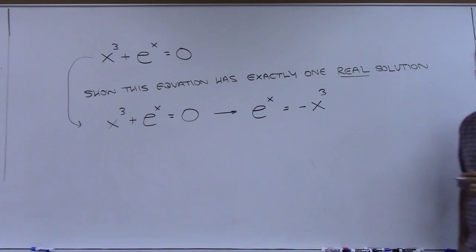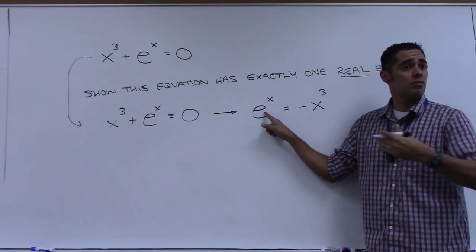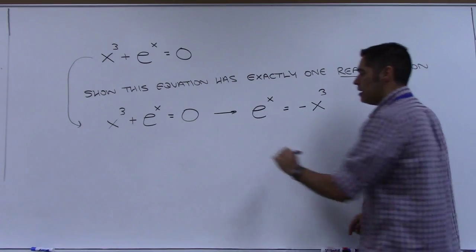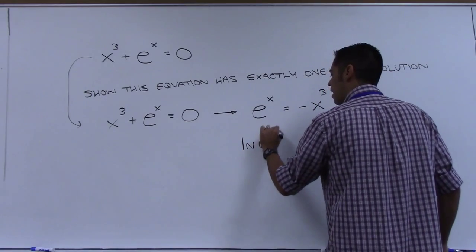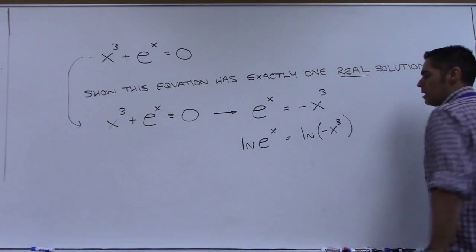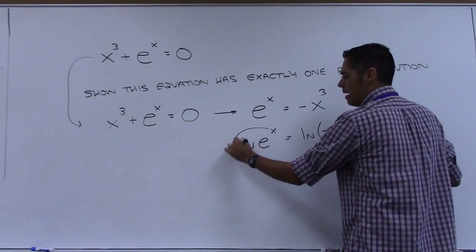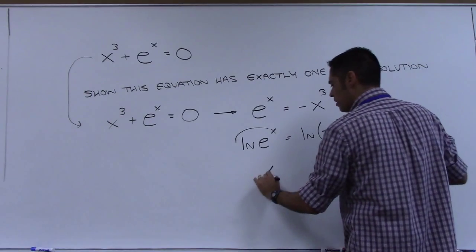Then I know that to get the x out of the e, I can come in with natural log on both sides. Then on the left, the x will pop out, because natural log and e wipe each other out.